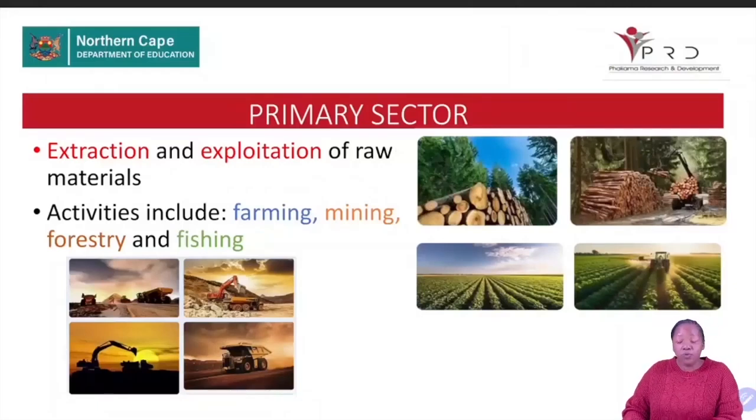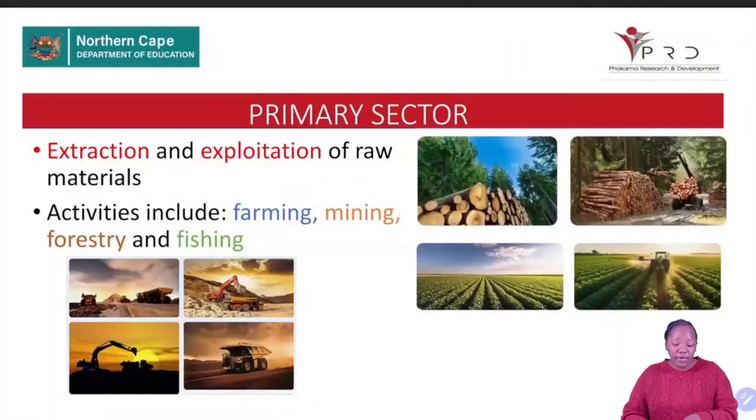And from the wood, we either make furniture or we process it into paper. And then lastly, we've got fishing. From fishing, which is from the river or from the sea, as raw as it is, it gets sent to the secondary sector where they are going to do the canning of food. So these are the primary sector activities.